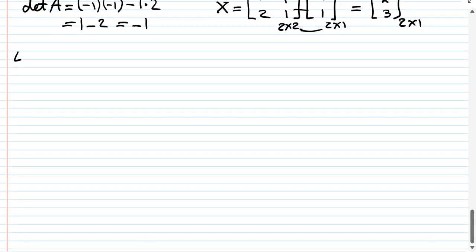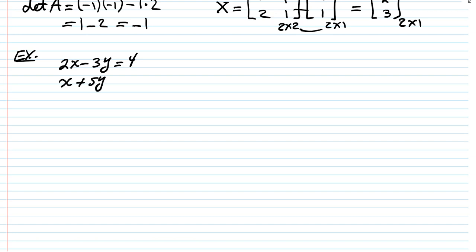Let's do one last example and we'll be good to go with this section and we'll be done with the chapter. So my system: 2x minus 3y equals 4, x plus 5y equals 2. Notice I'm only doing 2 by 2s here, not 3 equations with 3 unknowns, because finding the inverse this way will take time.